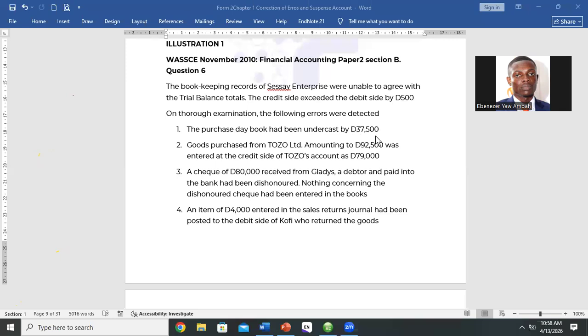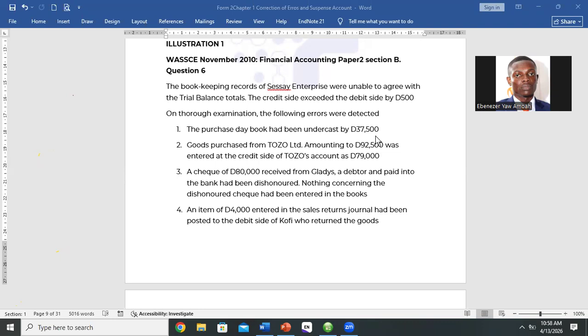Please, based on our discussion so far, what error is this? Purchase day book has been undercast. In fact, I'll answer this one myself. This is a casting error, specifically an undercast. So if you remember how to deal with an undercast, you can easily correct this error. Right? And what did we say?